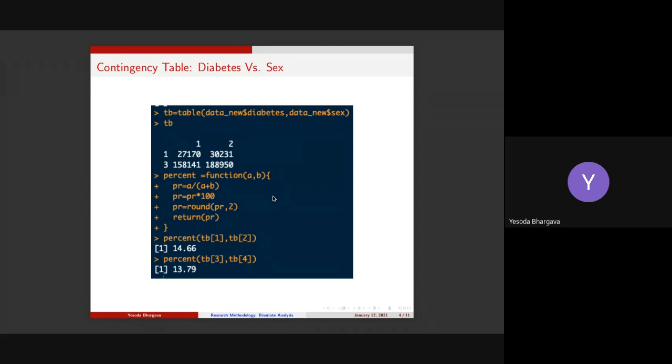Now, I want to ask you, from your general day to day life, what kind of categorical variables you might want to analyze together? Any example? Any example you can think of wherein you would like to analyze two categorical variables?